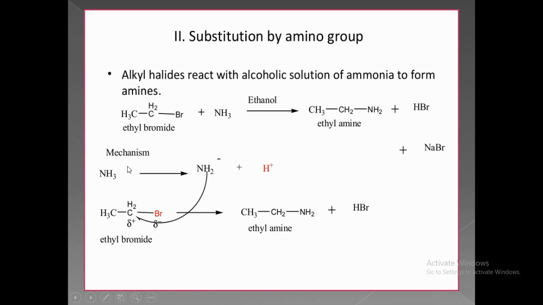Here NH3 gives NH2 plus H plus, where the NH2 will attack over CH2 and Br will be removed. NH2 is attached with CH2 to give ethylamine, and one molecule of HBr is generated. So the substitution of the amino group takes place in place of the Br.